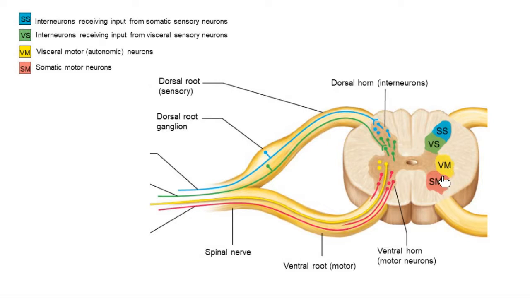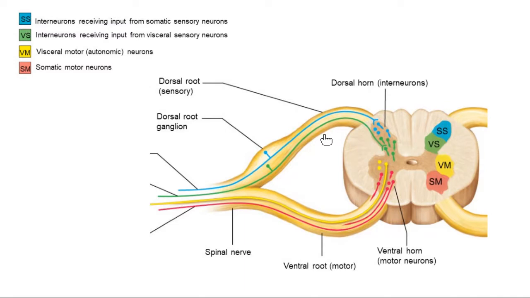My 2 motor neurons, you can see in my picture here, their cell bodies start in these 2 horns, and their axons extend out through that ventral root. So remember, for the sake of lab, that the ventral root is where my motor information leaves the spinal cord. My dorsal root is where sensory information comes into the spinal cord.